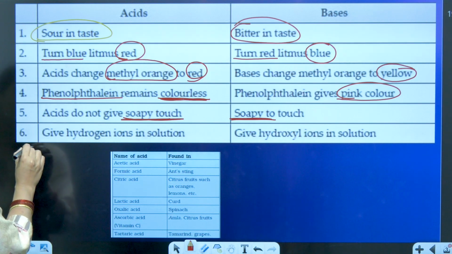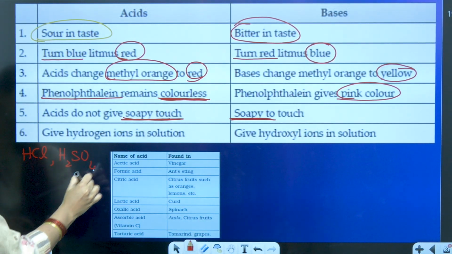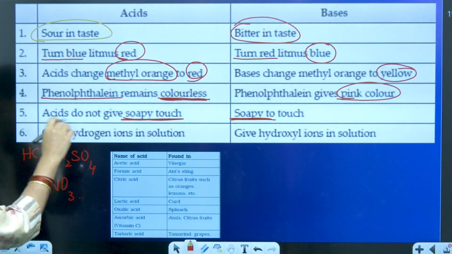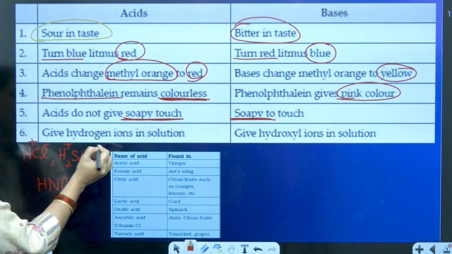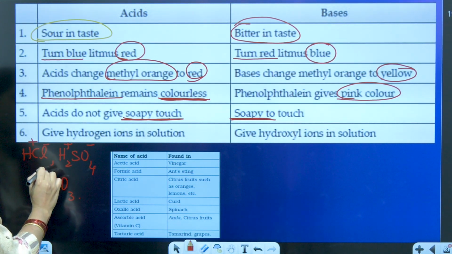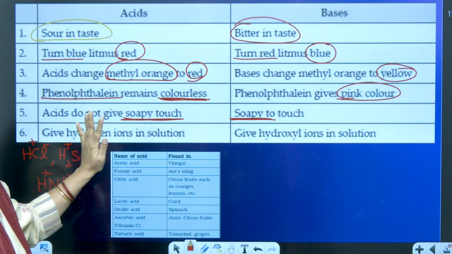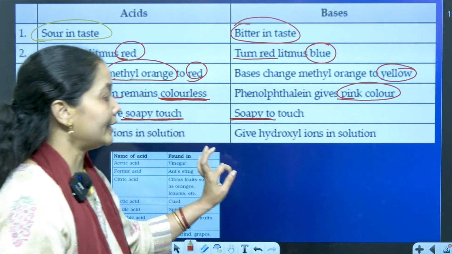Like HCl is a given acid, H2SO4 is one example of an acid, HNO3 is another type of acid. So in all these important acids, we have H+ and Cl-, 2H+ and SO4 2-, H+ and NO3-. So whenever I have H+ ions in my given solution, that belongs to the acid category.